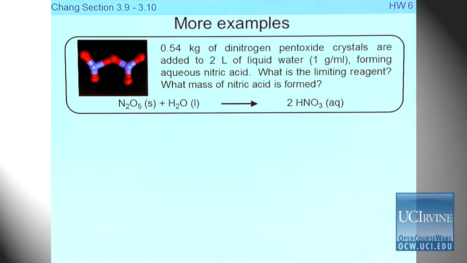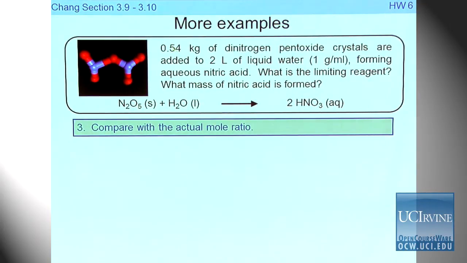It's most likely the other one. If you have a bucket of water with 2 liters, okay, that's a lot. It's a lot of water. So most likely it is the dinitrogen pentoxide that is used up first. But you have to double check. But it always helps to look at the question and try to understand what the scope is here. Okay, what is probably the right answer.